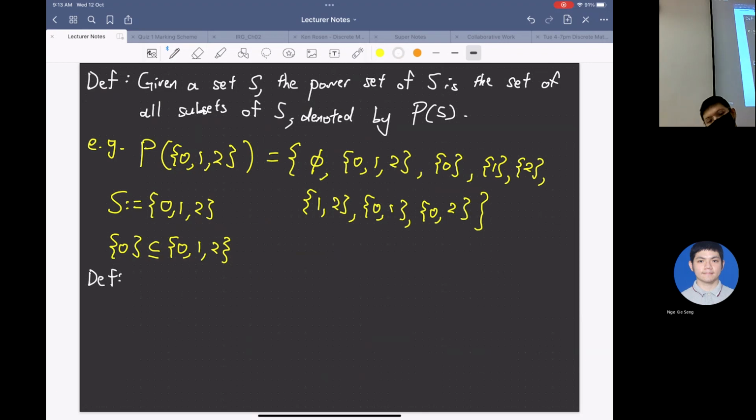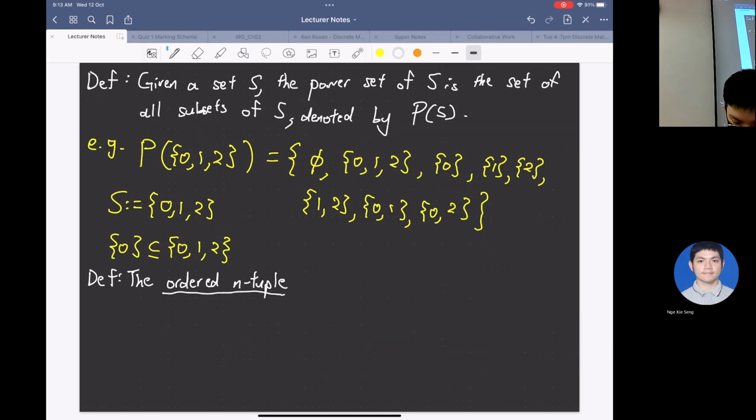Next, so we studied the set itself. We also want to study operations between two sets. So now we want to introduce the product of two sets. Before introducing the product of two sets, we need to introduce a new terminology first. So this is an ordered n-tuple.